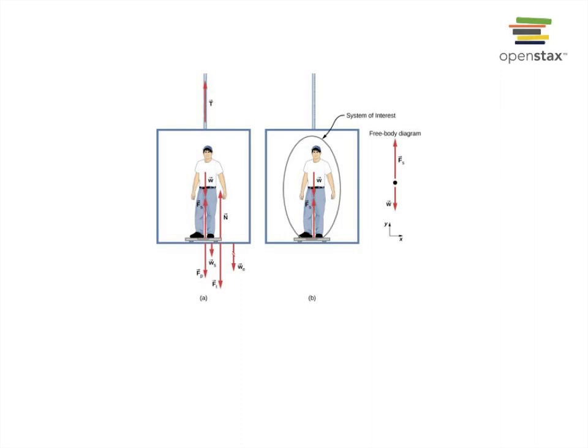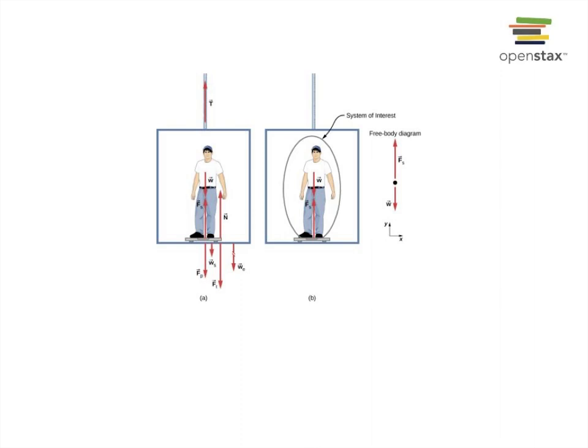And so the first thing we have to do is ask, what are the forces that we're interested in? The forces that act on the person are shown in the second picture. The only forces that we care about are the weight of the man, because that's the force the earth exerts on the man, and the force that the scale is exerting on his feet.